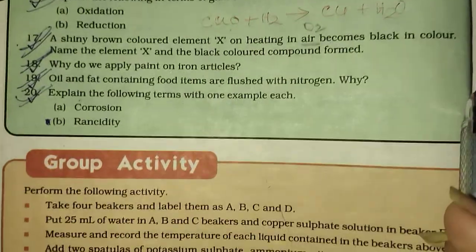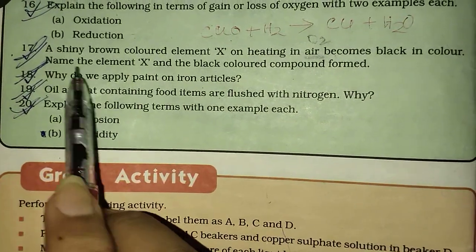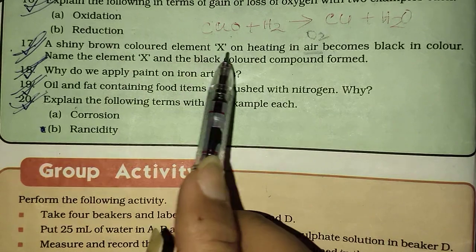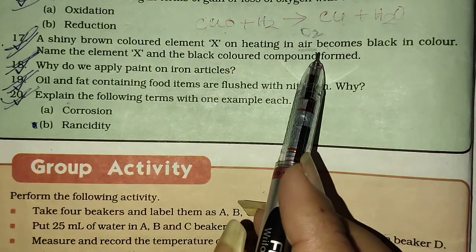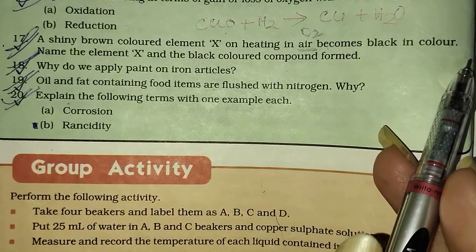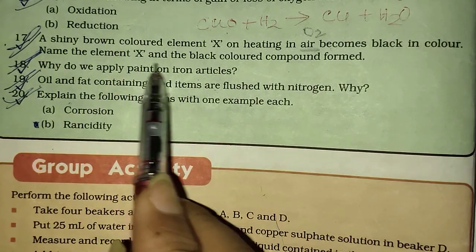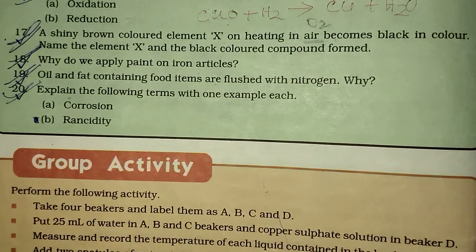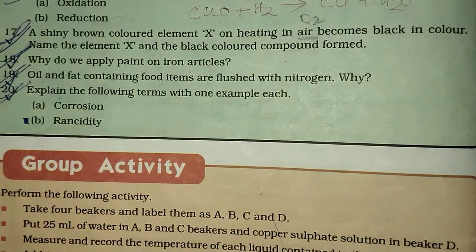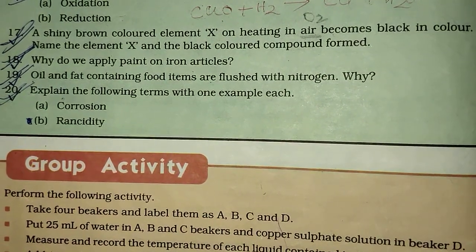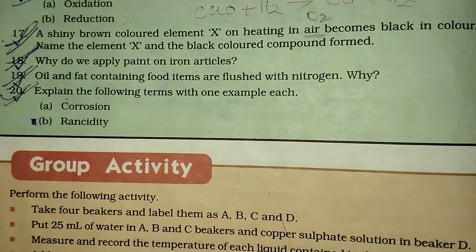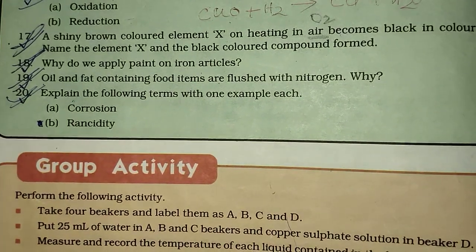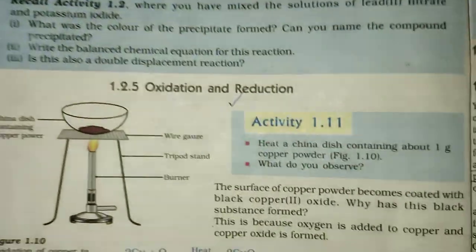Okay, next: a shiny brown colored element X on heating in air becomes black in color. Name the element X and the black colored compound formed. Actually, this is the first activity for oxidation and reduction reaction, activity number 1.11. We already discussed this reaction.